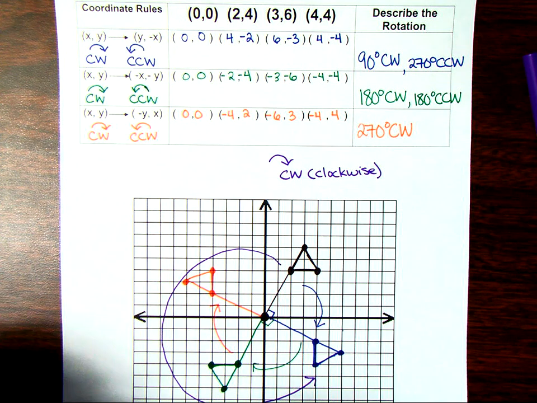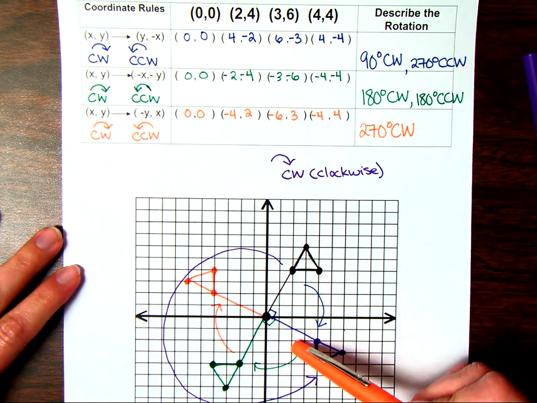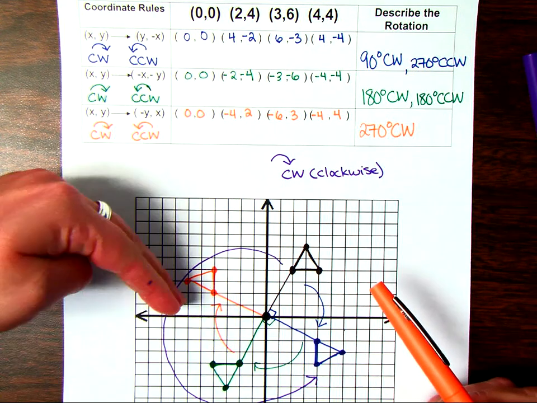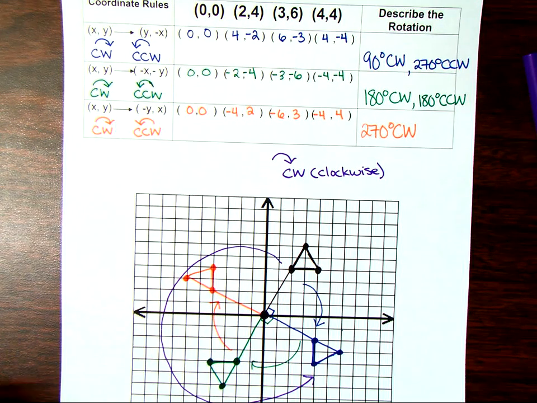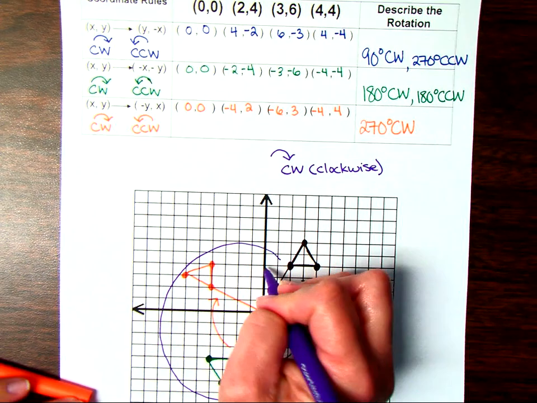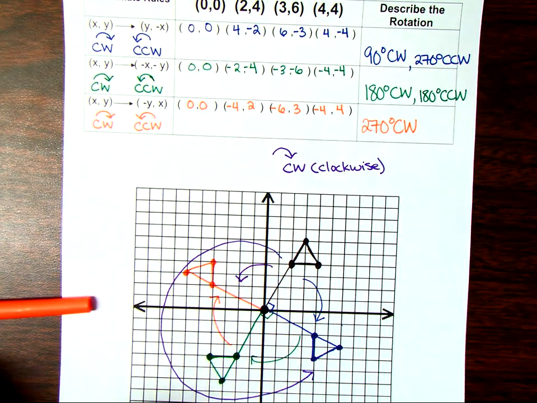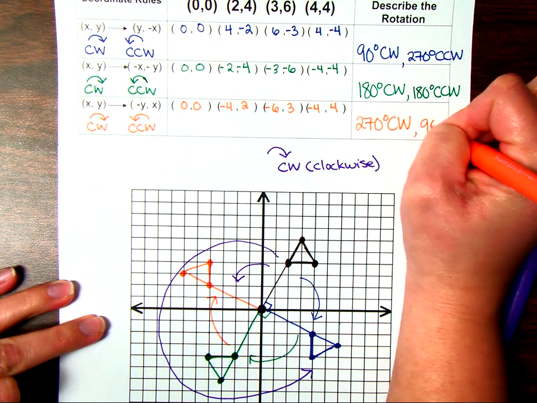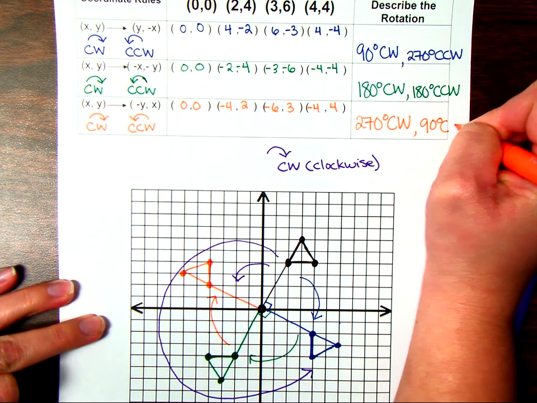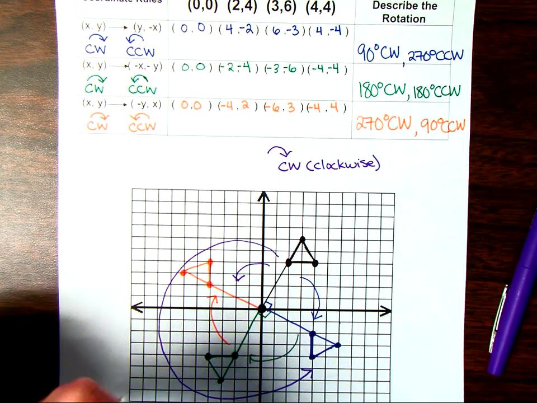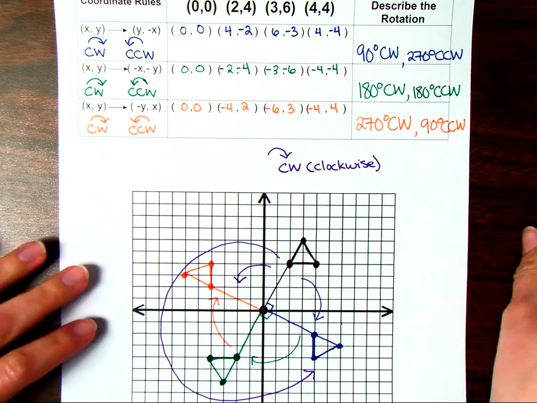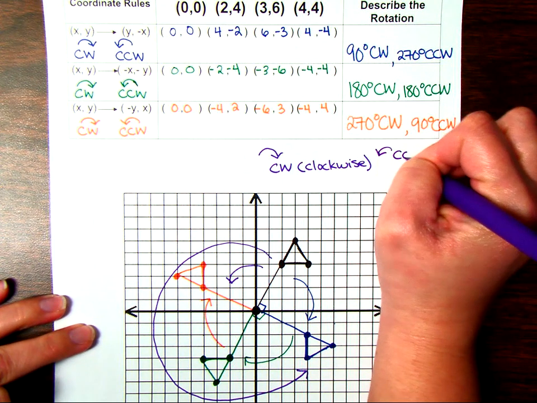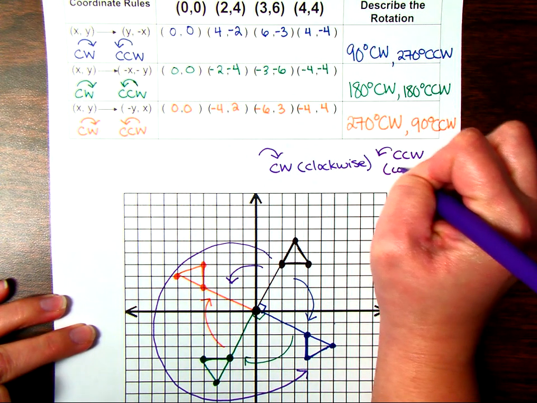Then for that last one, I could have gone 1, 2, 3 rotations to the right clockwise, or I could have just gone 1 rotation to the left like that. And if I went 1 rotation to the left, that's just 90 degrees counterclockwise. Okay? So we just kind of put some things on there. Counterclockwise. I just abbreviated it.